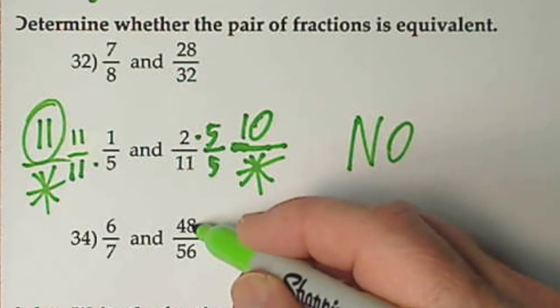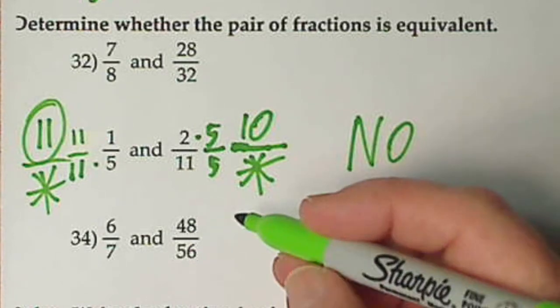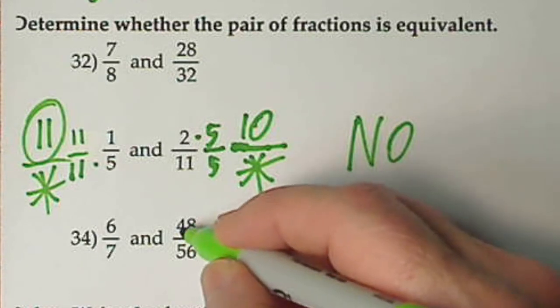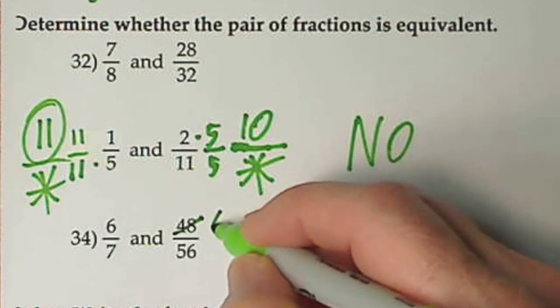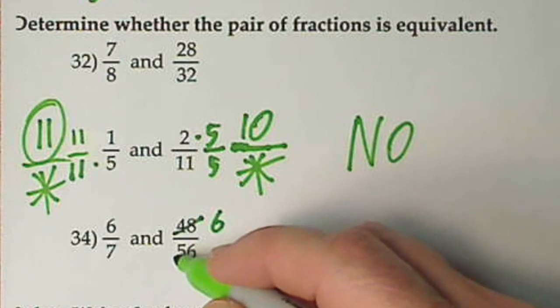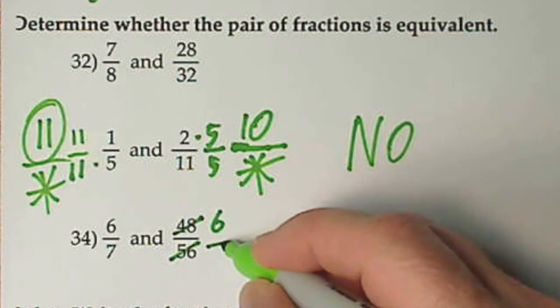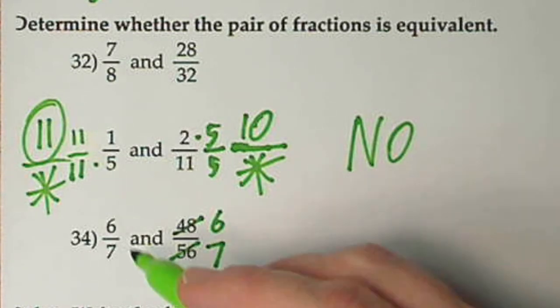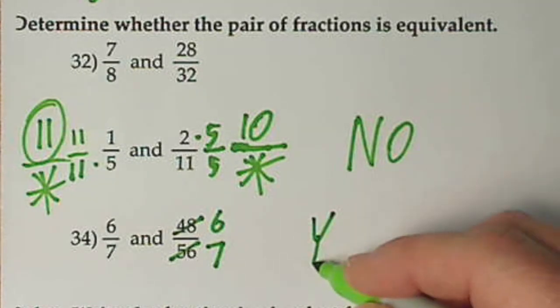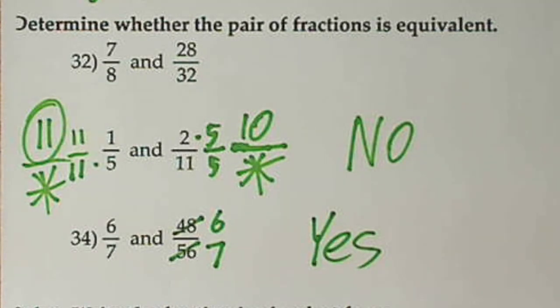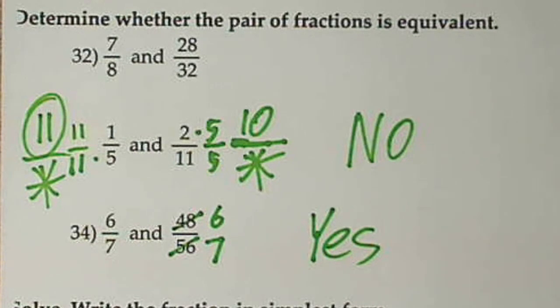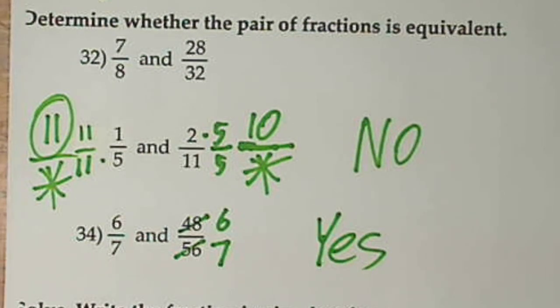But 8 will. 8 will go into that, and 8 will go into that. So 48 divided by 8 is 6. 56 divided by 8 is 7. And 6/7 is certainly equivalent to 6/7. Okay? That'll take care of this one.